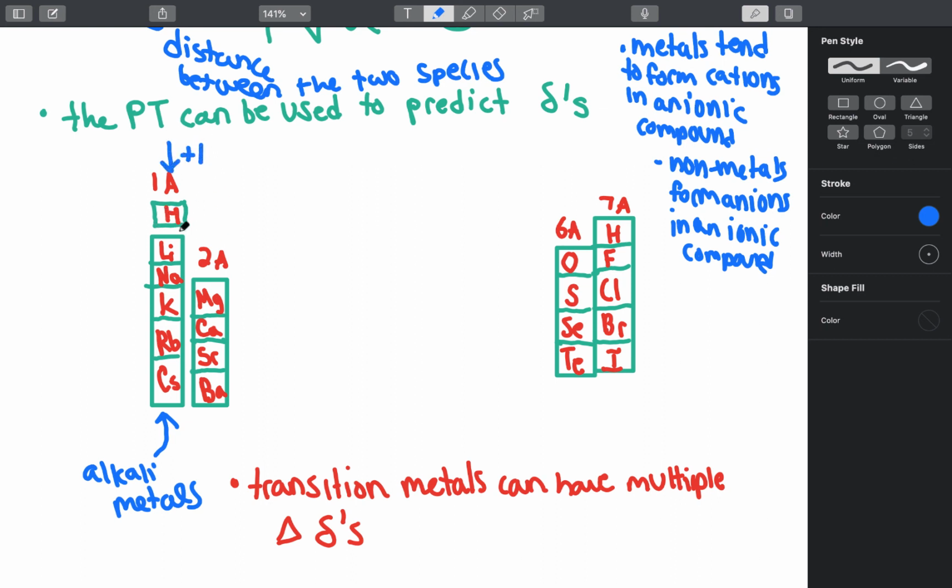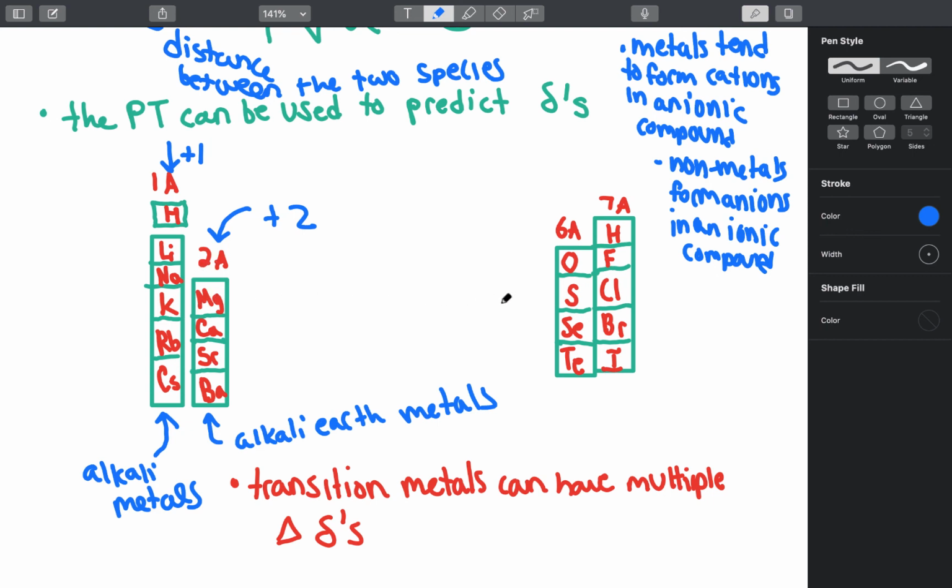And that includes hydrogen as well. Hydrogen can form a +1 charge. So all the alkali metals and hydrogen can form +1 charges. So group 2A metals, or the alkaline earth metals, can form +2 charges. And this includes Mg, calcium, strontium, barium, etc.